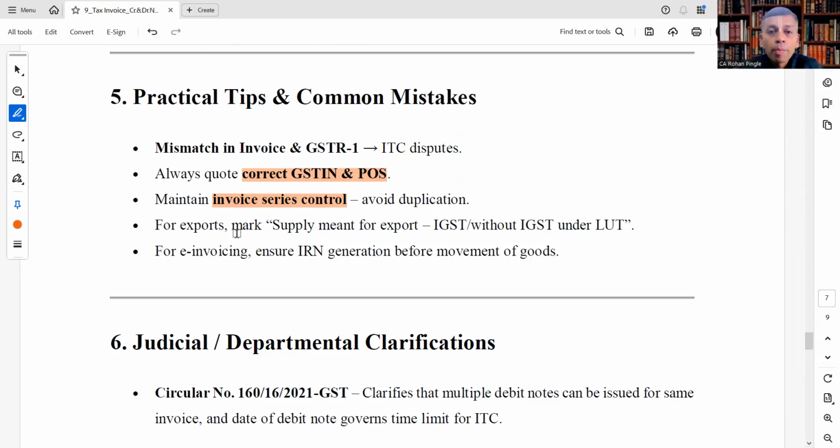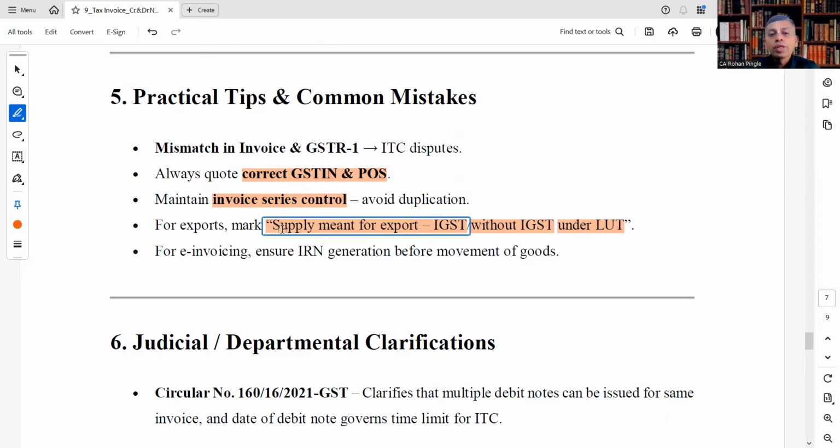For exports, mark supply meant for export, that is, with IGST or without IGST under LUT. Means whenever you export, and also under a letter of undertaking, you need to prominently mention on the tax invoice that it is supply meant for export, with IGST or without IGST under LUT.